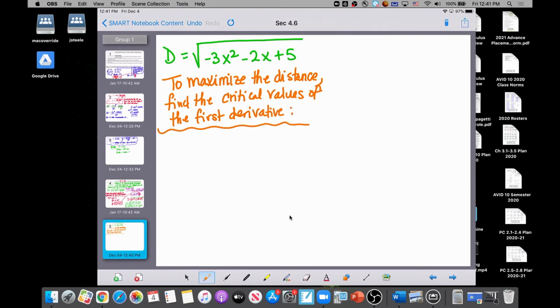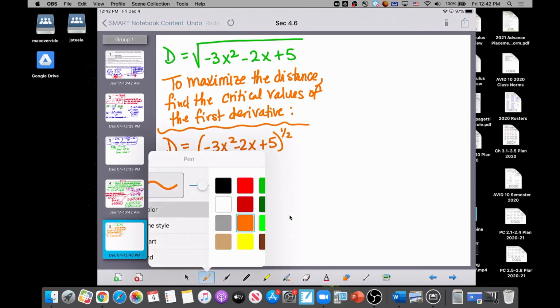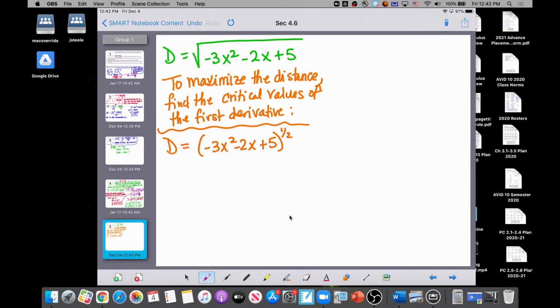Since I need to take the derivative of this, I'm going to rewrite the square root as everything inside in parentheses to the 1/2 power. So I'm going to say my distance equation is really negative 3x squared minus 2x plus 5, that whole quantity to the 1/2 power. So then when I take the derivative of that, my d prime is going to require me to use the chain rule.